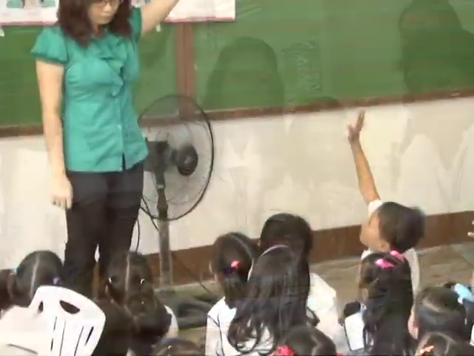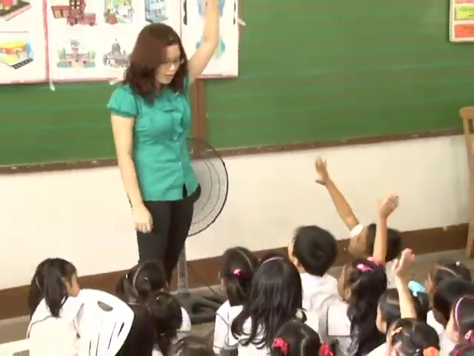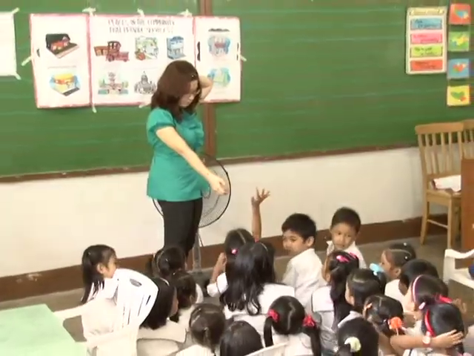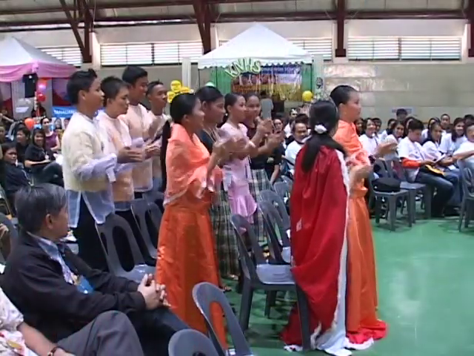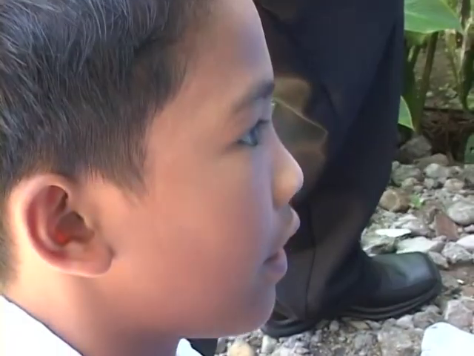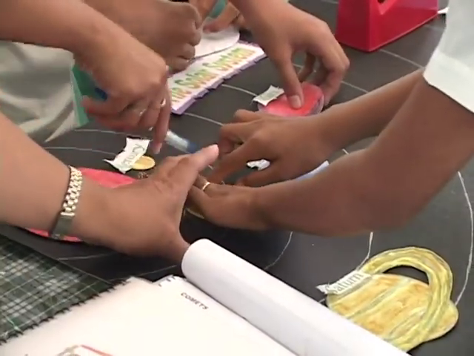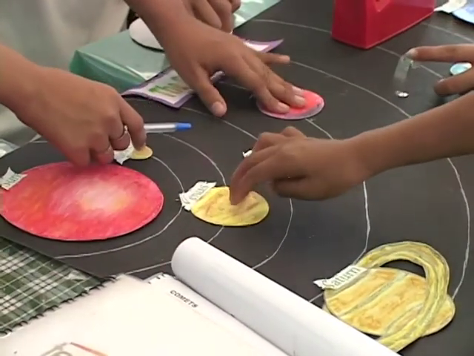From kindergarten, art instruction begins with creative exploration of art materials, concepts, and processes found in the Philippines and in other countries. It continues to develop the student's imagination and individual expression and inquiry into the aesthetic qualities of his work and the work of others.